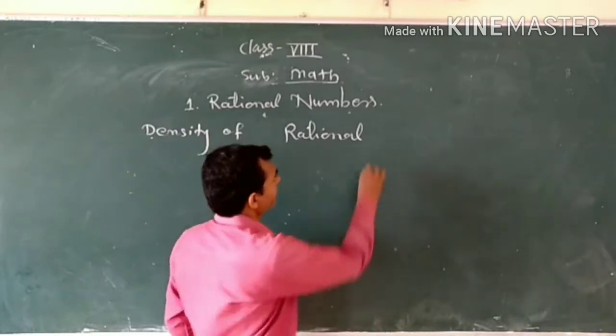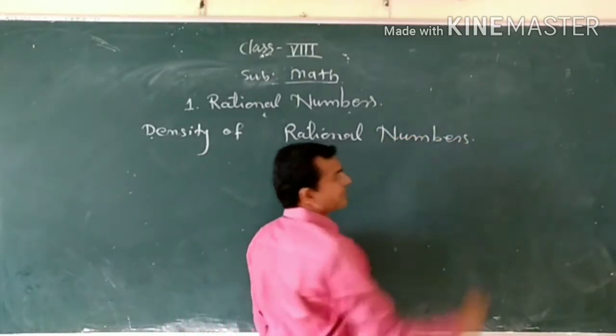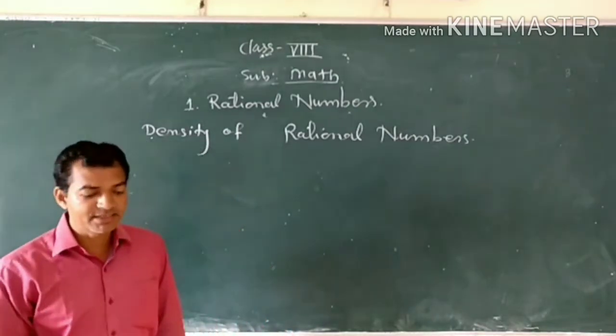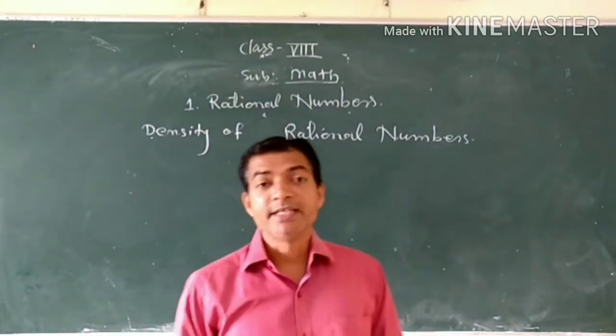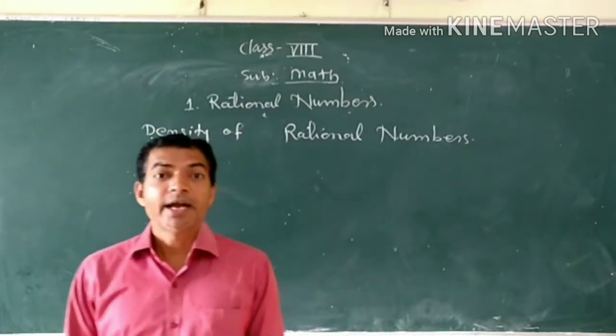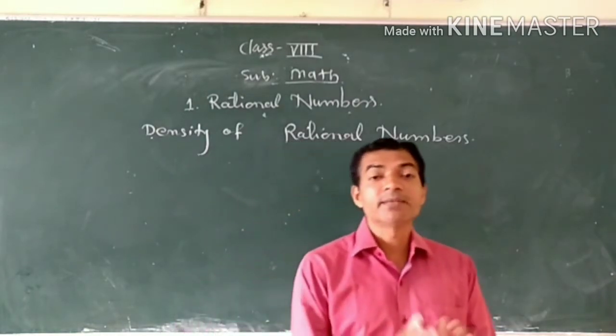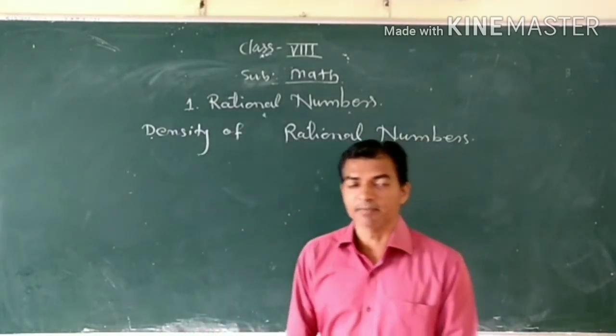Density of rational numbers means, suppose some rational numbers are given, and how many rational numbers are there between these two rational numbers, that is the density of those rational numbers.